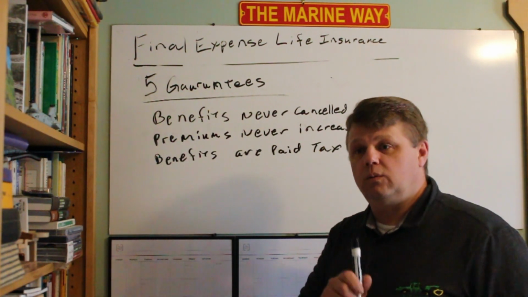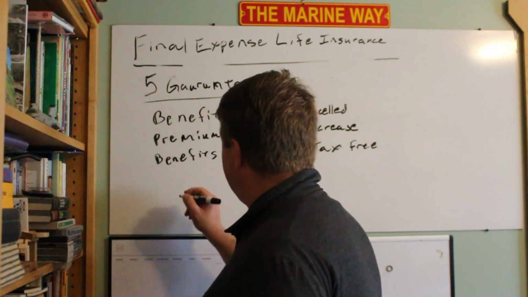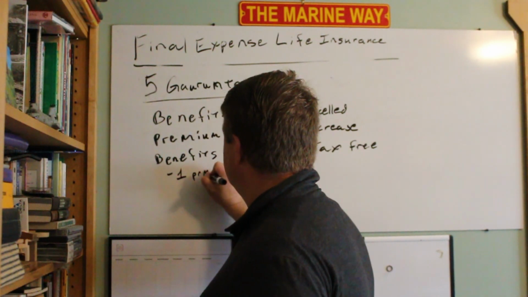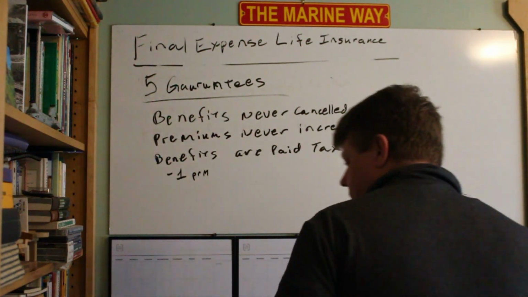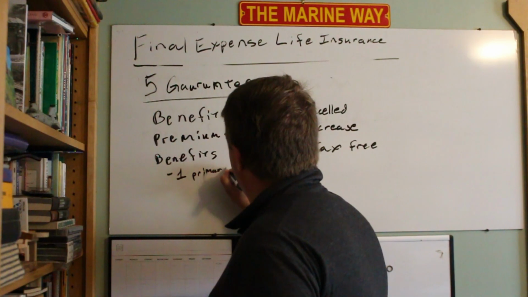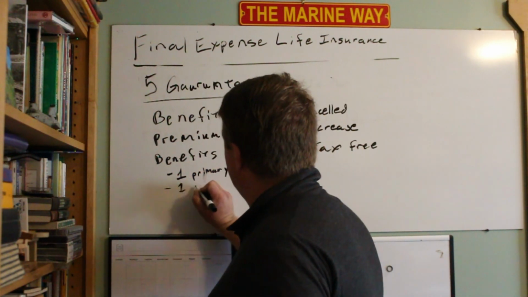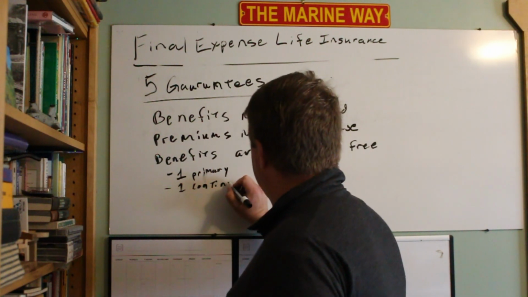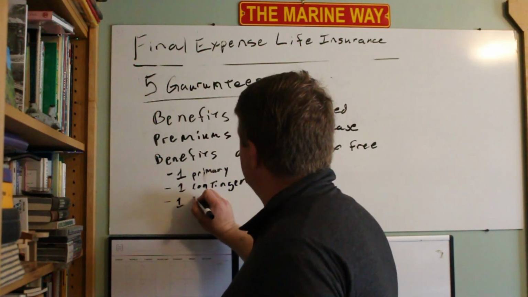Now, when I help my clients put plans together, we have at least one primary. Oops. Once again, I can't write to save my life. One primary beneficiary, one contingent beneficiary, and one tertiary.